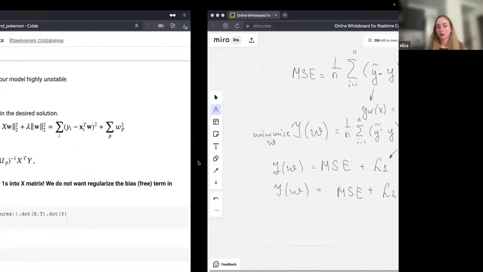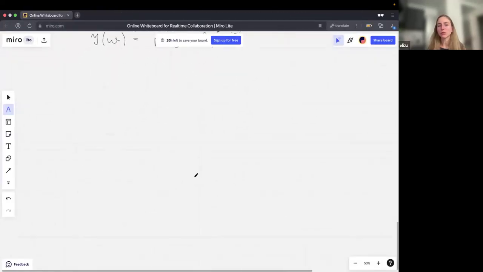Why? Because when you calculate this matrix, you use the determinant and some other expressions.